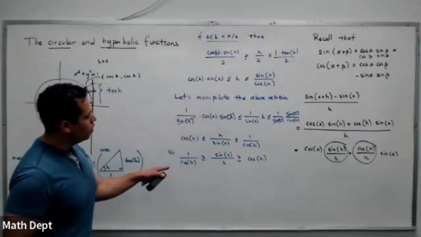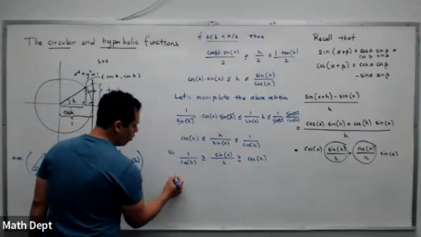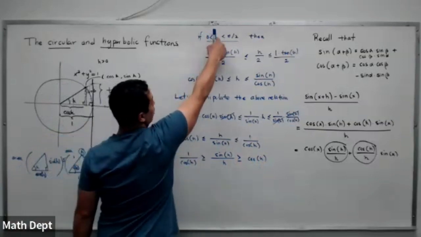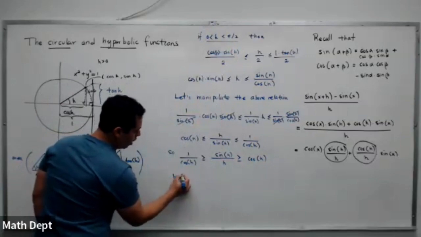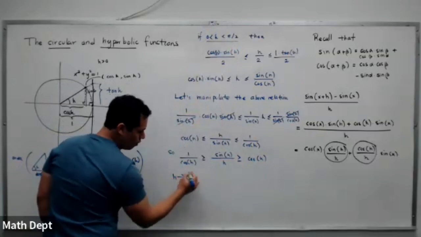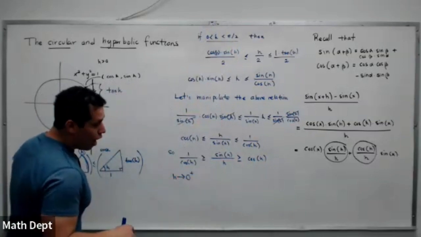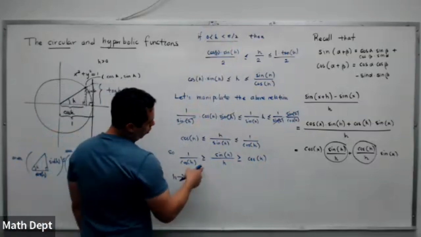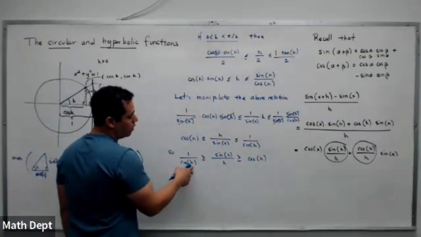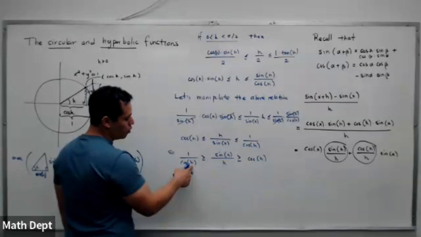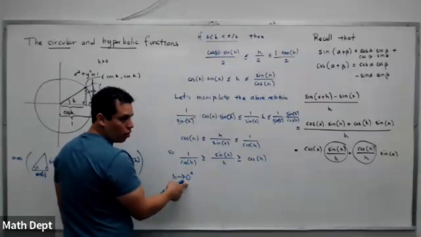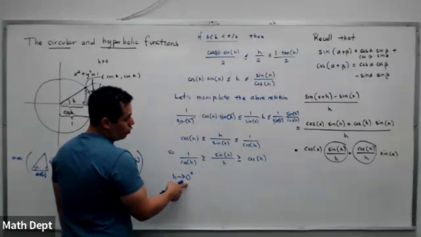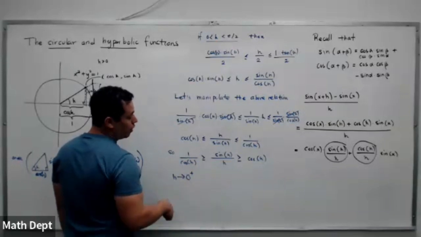And from this point, since h is restricted to this domain, I'm going to send h to 0 from the positive side. What happens to cosine as its input goes closer and closer to 0? It will get closer and closer to the cosine of 0, by the continuity of cosine.